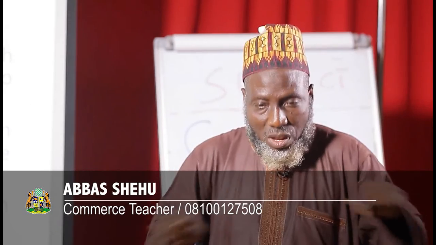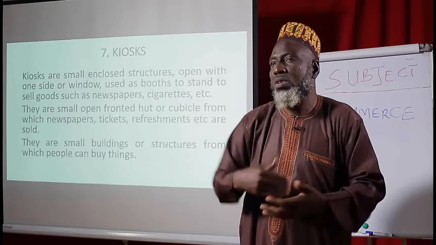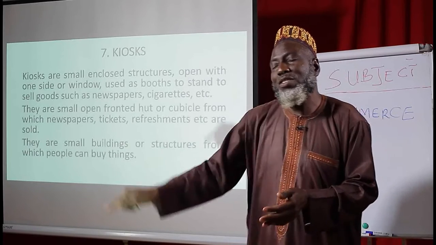So it's small. You see a kiosk where somebody is normally having a stand. People usually stand, having only one door, with a place like a window where goods are sold through. That's talking about, I think, the last small-scale retailing.